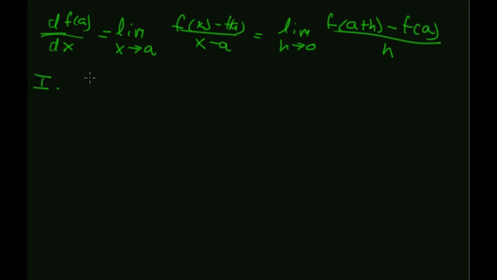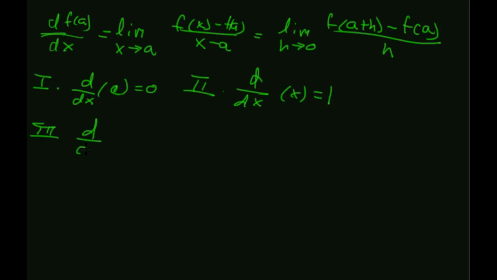And then we got a bunch of rules, right? The derivative with respect to x of a constant is 0. 2, the derivative with respect to x of x is 1. 3, the derivative with respect to x of x to the n is going to be n times x to the n minus 1.